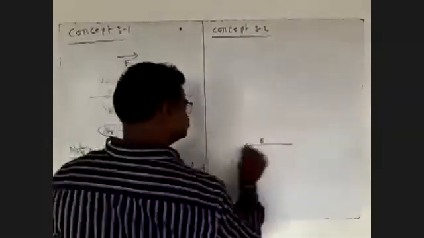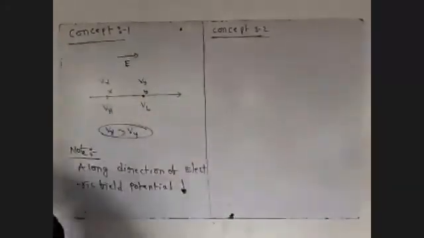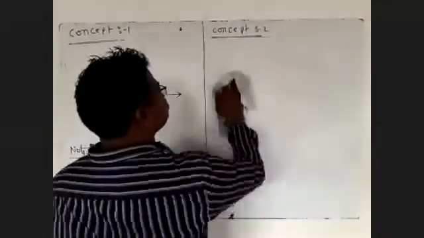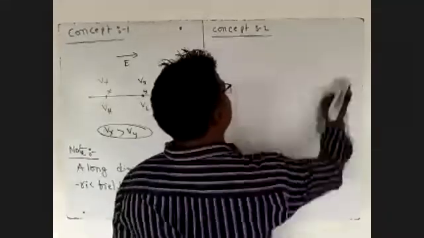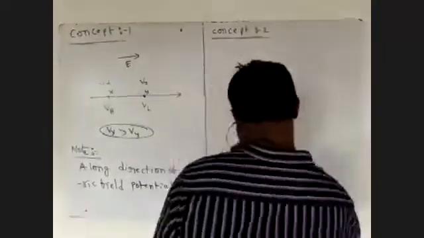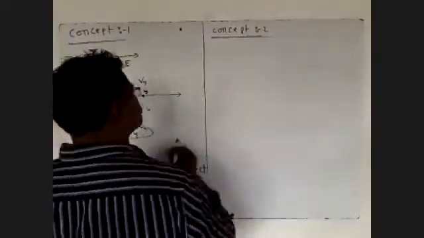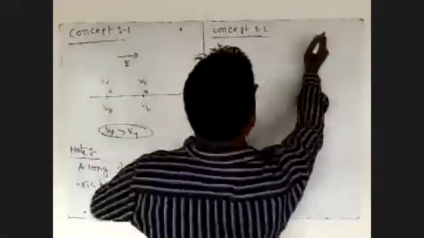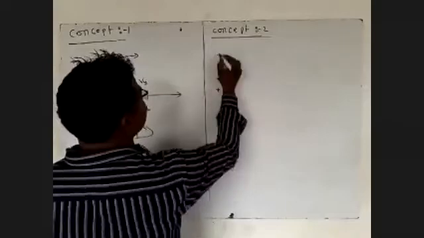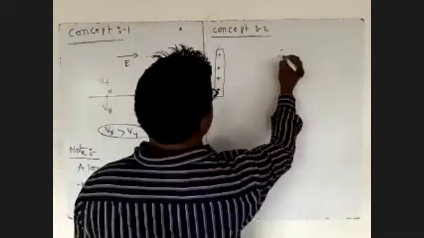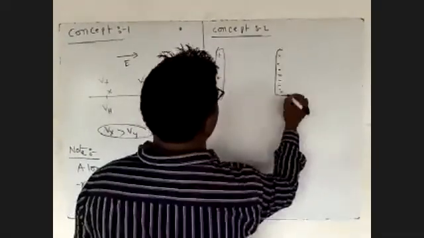For example, this is a plate. This is a positive plate and this is a negative plate.